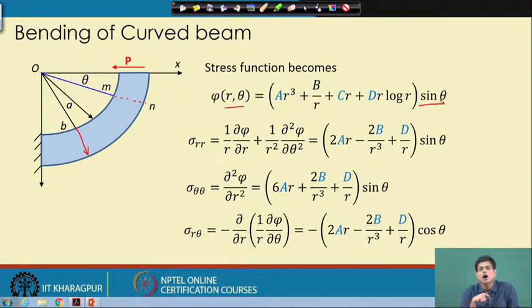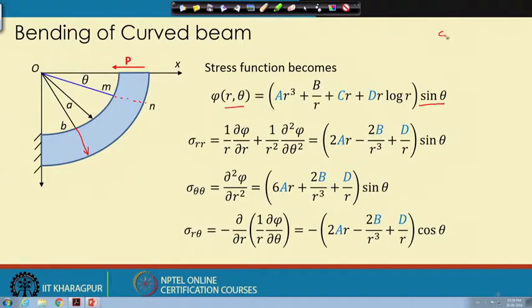This is motivated from the strength of materials solution, which is similar to the rectangular case. If you remember the rectangular case, we were using a stress function of something like a by 6 x y cube.